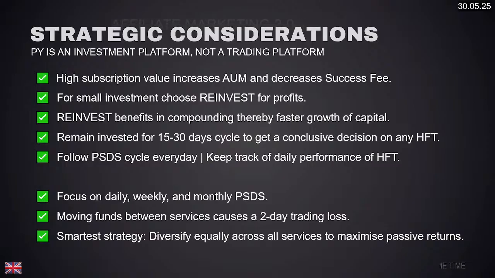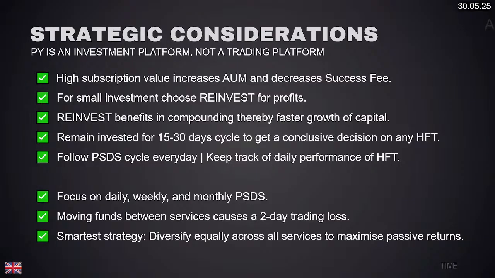So maybe from affiliate benefits or from profits from Pi, you have funds to utilize for your basic needs, as well as funds to go to the next level, to the next higher subscription. Okay, a high subscription increases AUM and decreases the success fee.